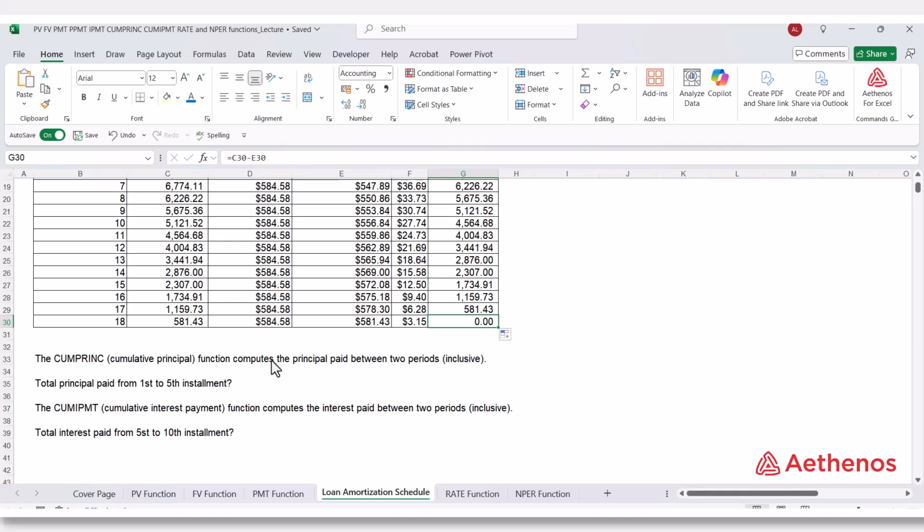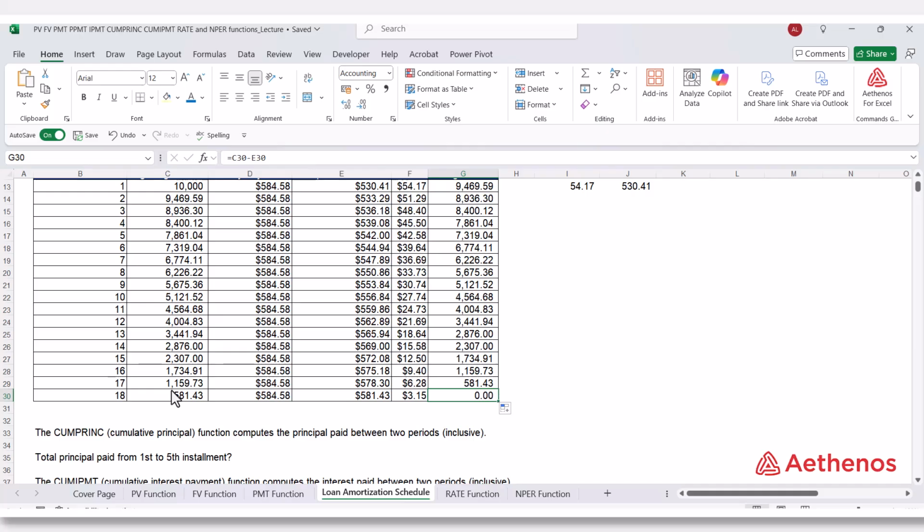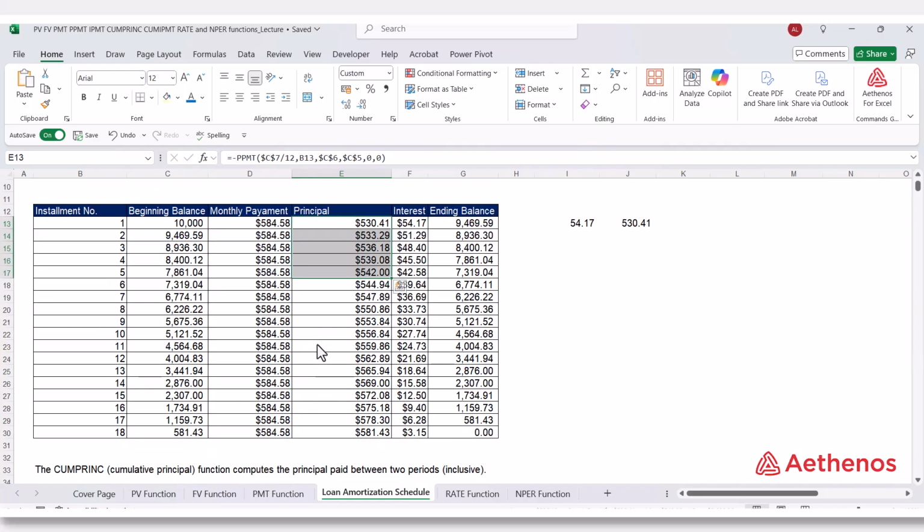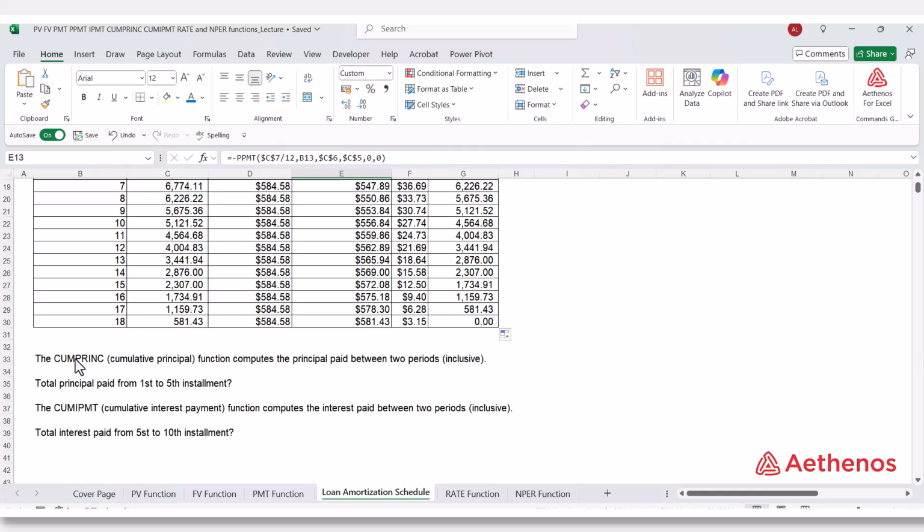So it basically computes the principal paid between two periods, inclusive of those two periods. For example, if I want to calculate the principal paid from the first to the fifth installment. So here I have the first installment and up to 5.